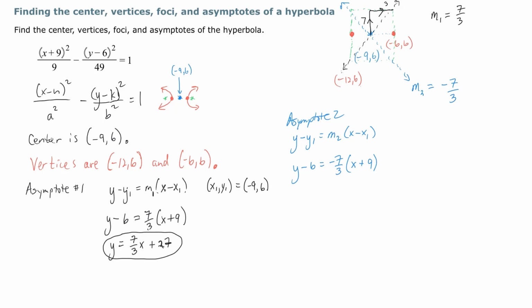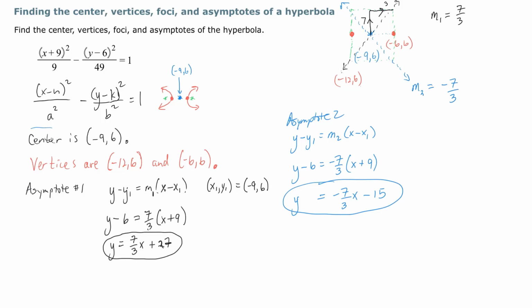And once again, you could put this in y equals mx plus b form. This time we have minus 21 add 6, so minus 21 add 6 is negative 15. And there is your second asymptote. So there are two asymptotes there.